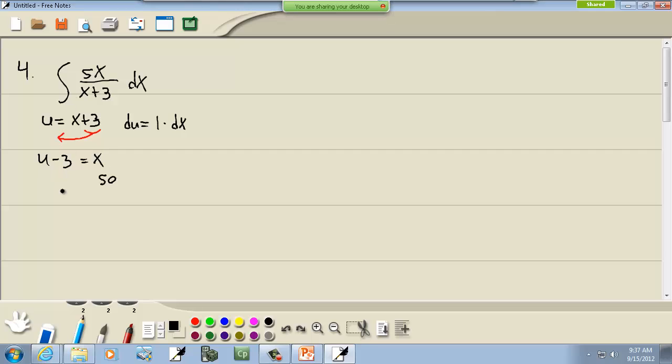So, our top problem here, again, I'll put the 5 out in front. The x up on top gets replaced by u minus 3. The x plus 3 down below we said is u, and this is du. Well, before we had 2 terms down in the denominator, now we got 1 term, which is much better because we can split this up now.